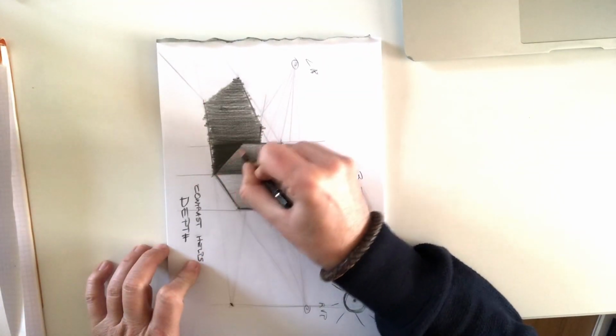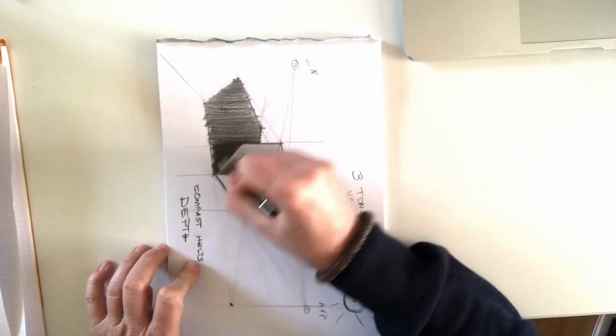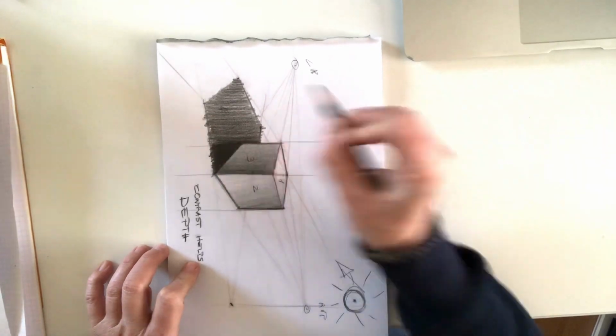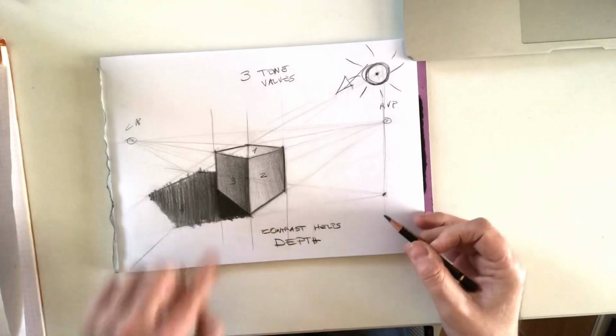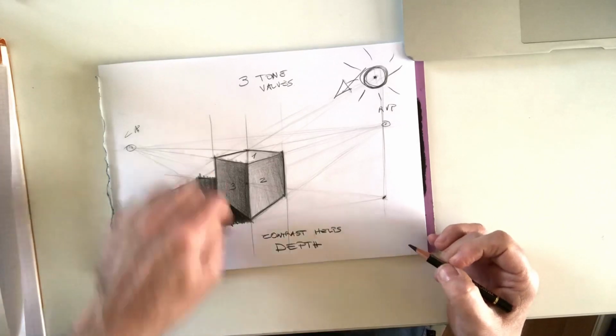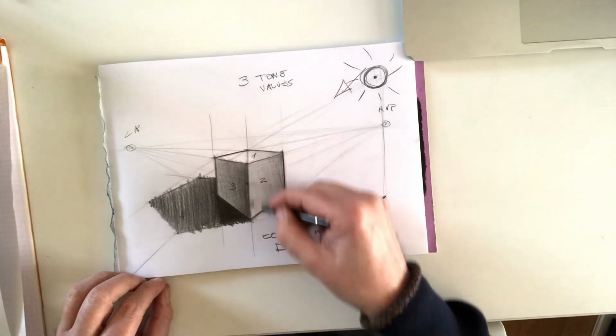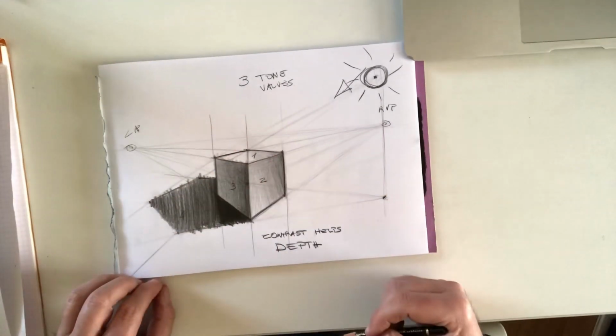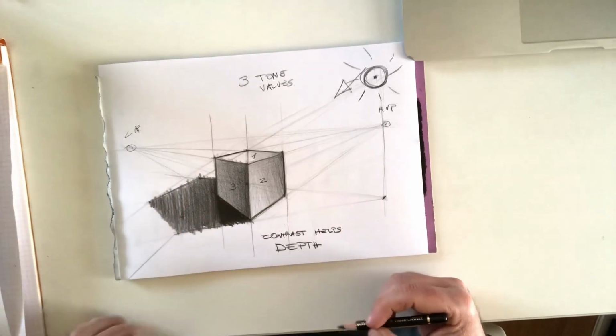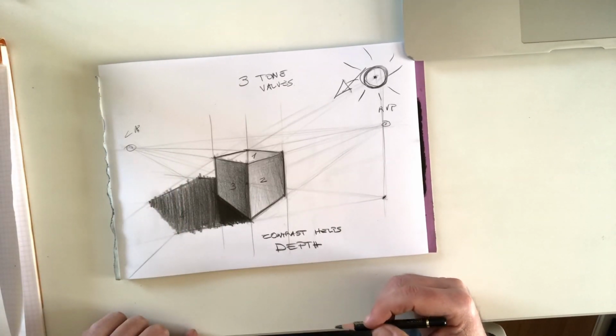I make that sort of a reflection by making much darker, okay, much darker, this area which is the reflection of this element here on the ground in its cast shadow. All right?